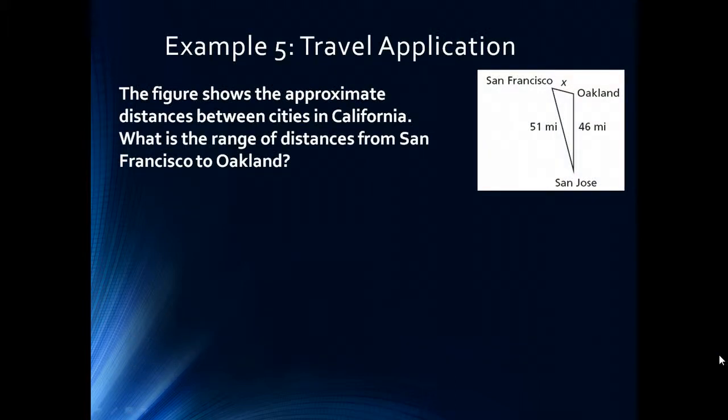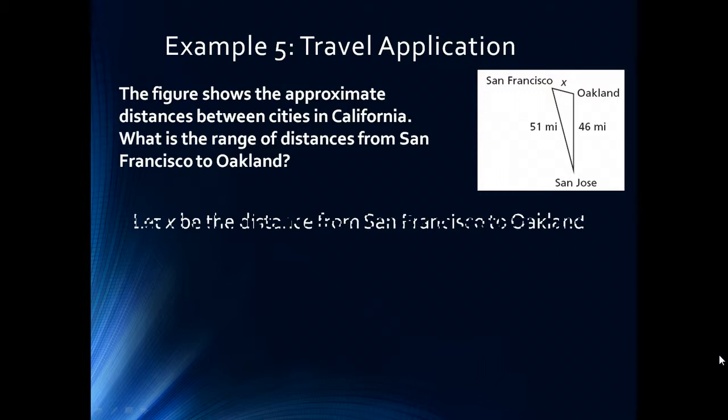Let's use this idea for a travel application. The figure shows the approximate distance between the cities in California. What is the range of distances from San Francisco to Oakland? Well, let's let x be the distance from San Francisco to Oakland.